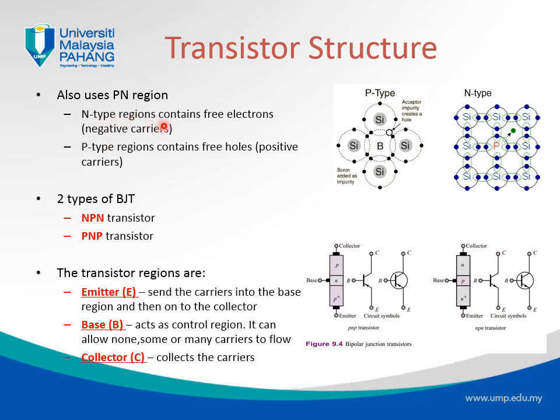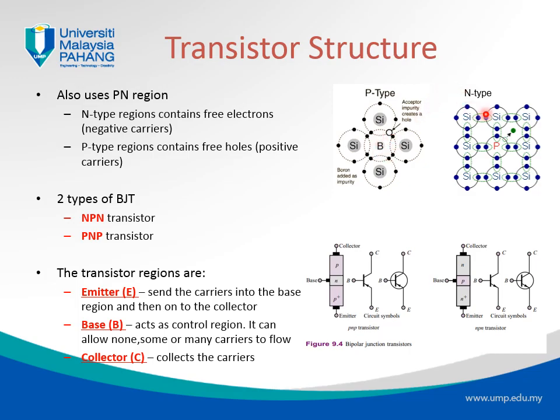N-type regions are the regions that contain free electrons, which we call negative carriers, and the other one is p-type regions, which contain free holes, also called positive carriers. Basically they are semiconductor materials like silicon or germanium. P-type is doped with an impurity that creates holes, for example boron.